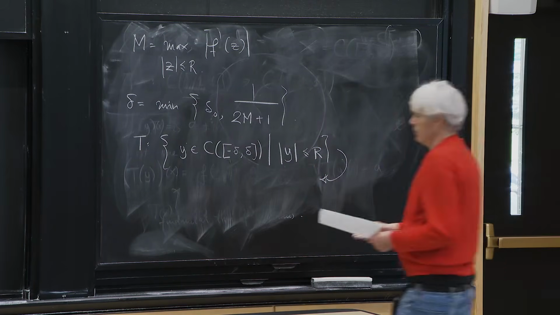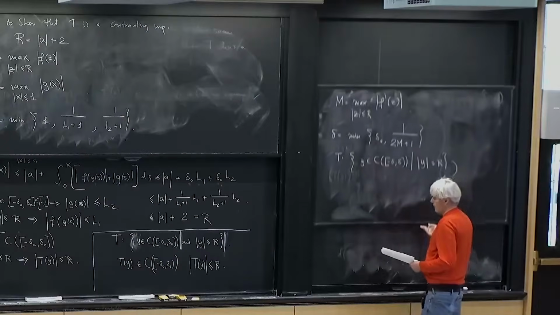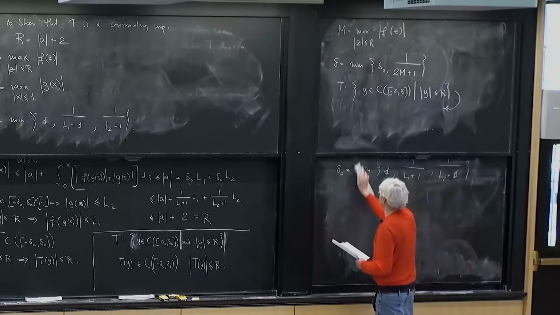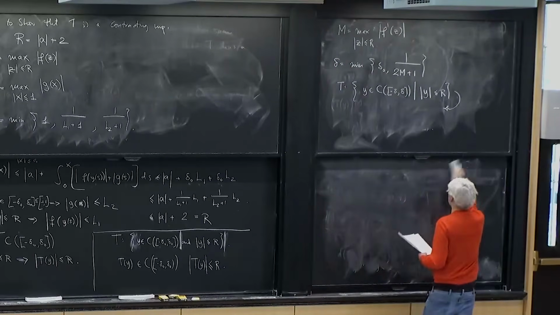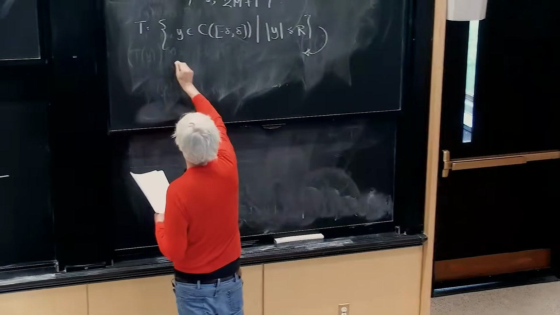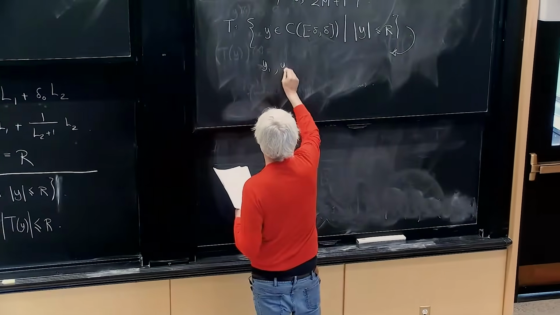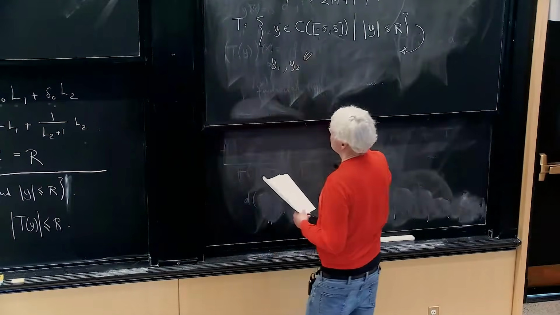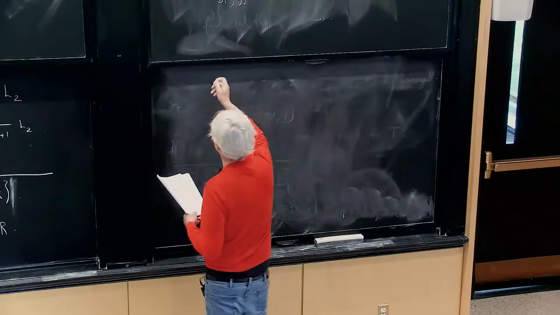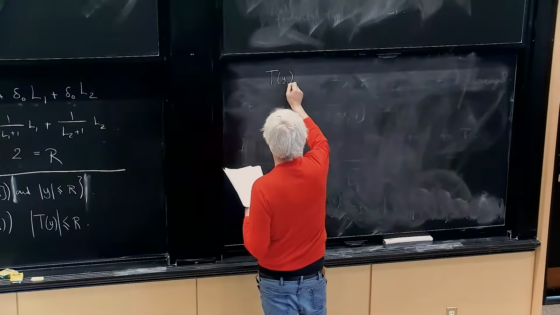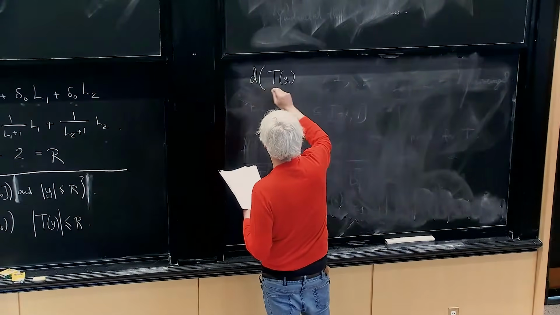And now I want to estimate, so I take 2 elements in this space. So I have y1 and y2, and y1 and y2 are in this space. And you want to look at what is the distance between y1 and y2.